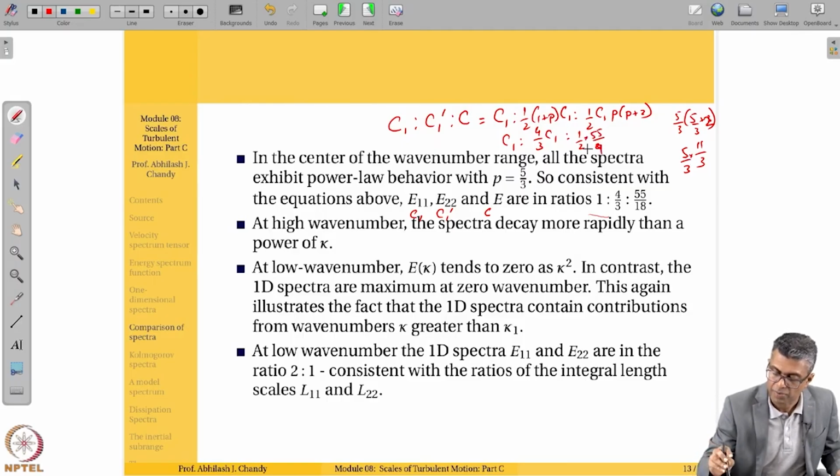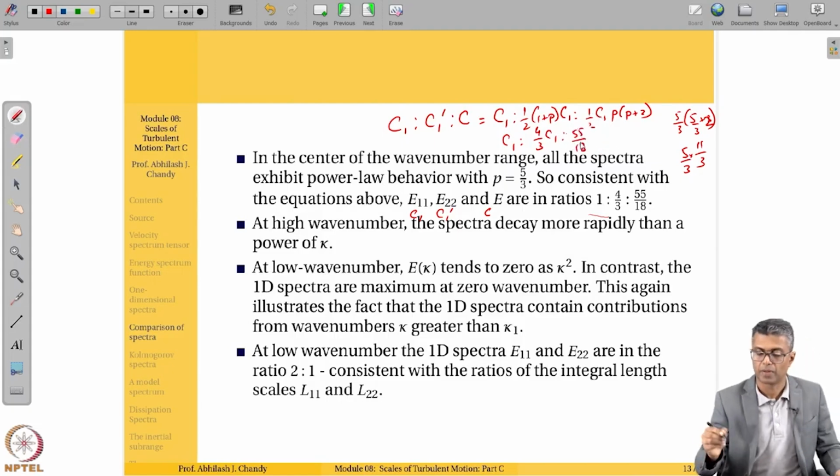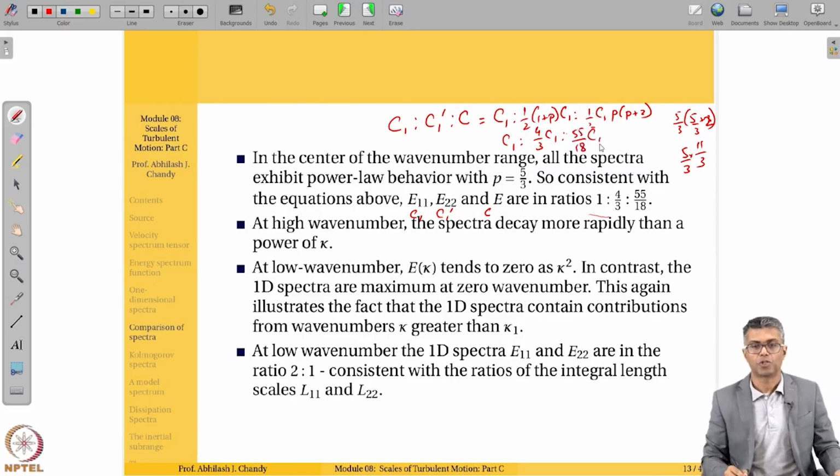Half times that, I can just write it as 55 over 18 C1. So that is where we get the ratio of 1 : 4/3 : 55/18.